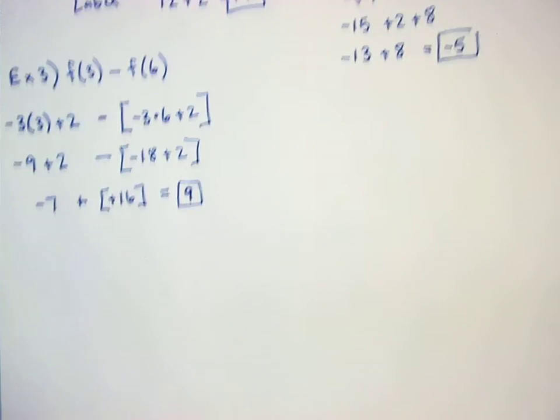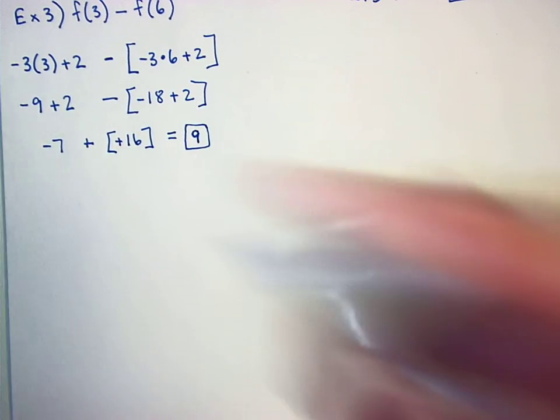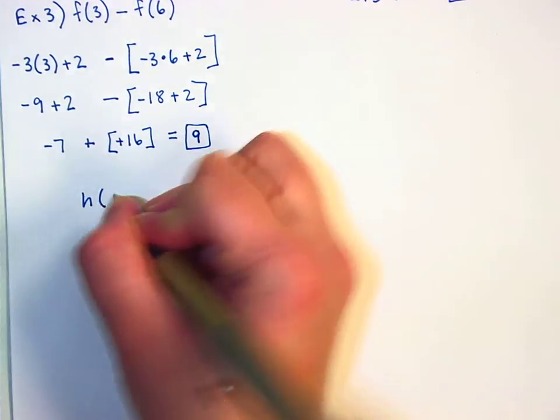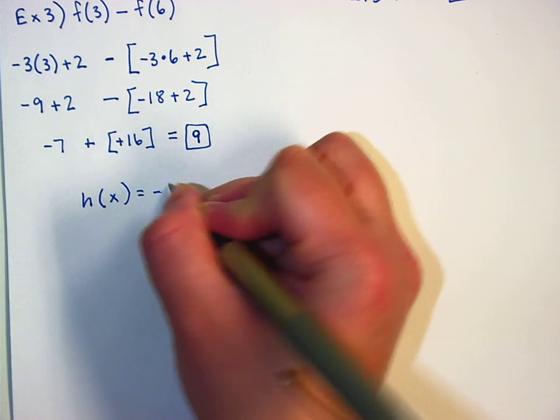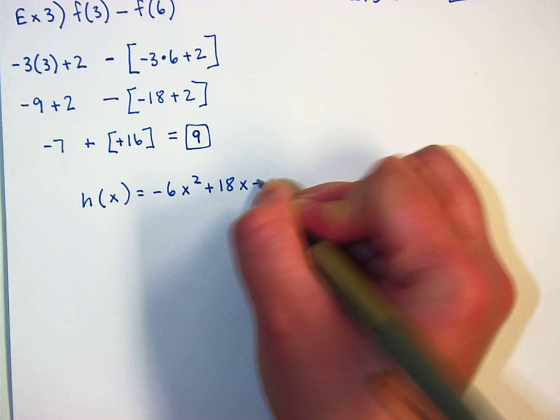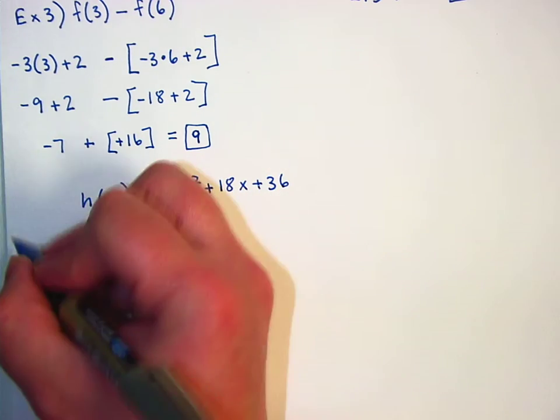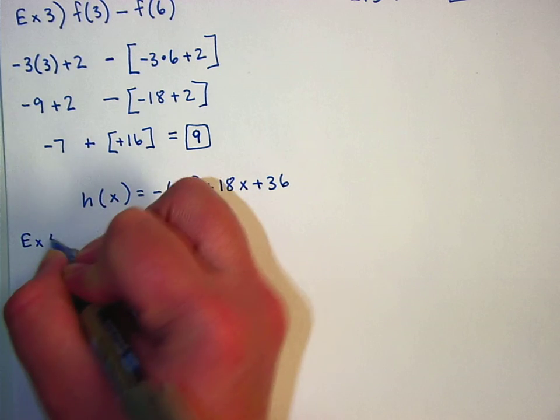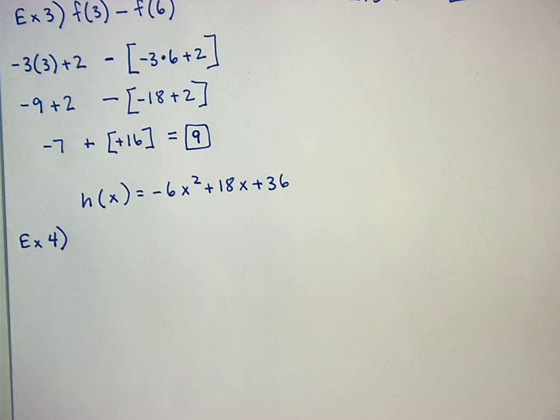Okay, so now we're going to try again. This time it's going to be h of x equals negative 6x squared plus 18x plus 36. Okay, you're going to try this one on your own. Let's try h of 2.